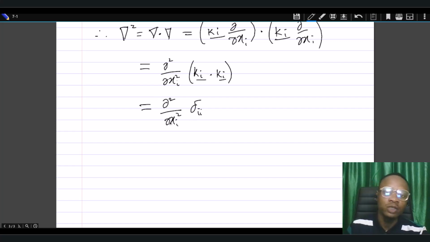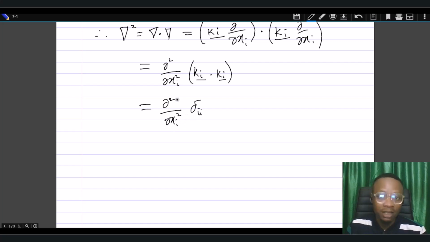That's a subscript. If delta ii was alone on its own, then we would simply say that delta ii is equal to 3. If it has no coefficient, that is precisely just equal to 3. But now it is written with something else, and indeed we have the subscript even appearing here.